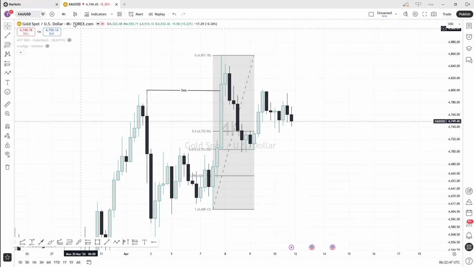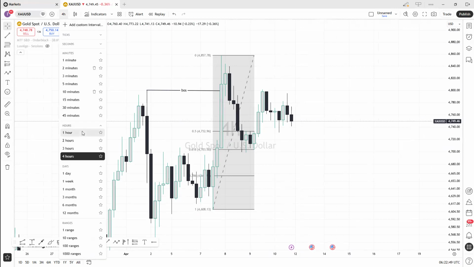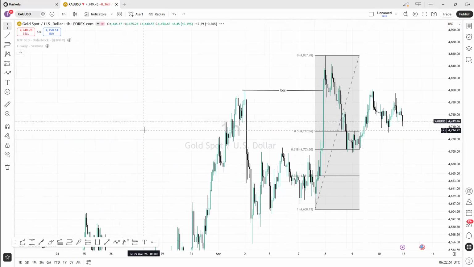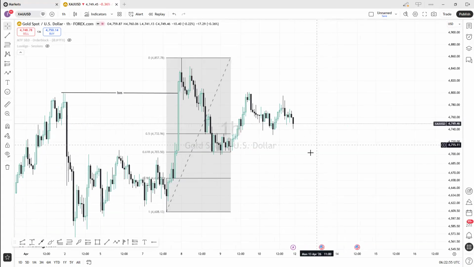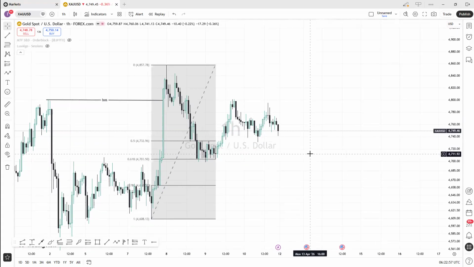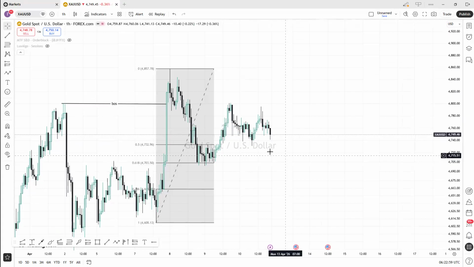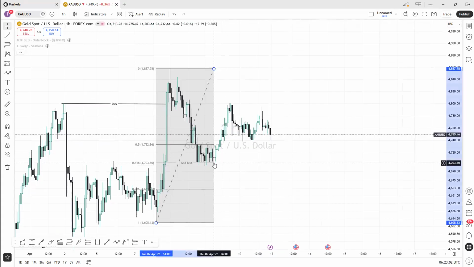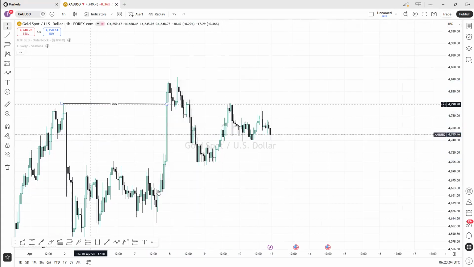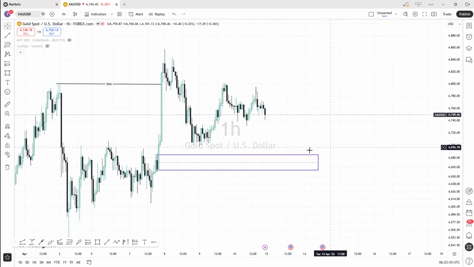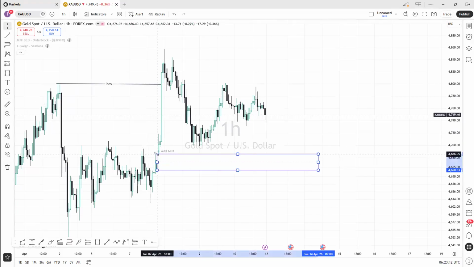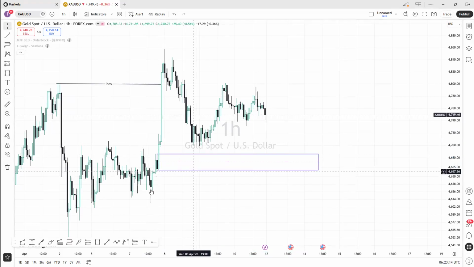Let us shift to the 1 hour time frame to find if there is any point of interest remaining below here, which can attract price to move towards. Okay, so on the discount zone here on the 1 hour time frame, there is an unmitigated demand zone around that area.